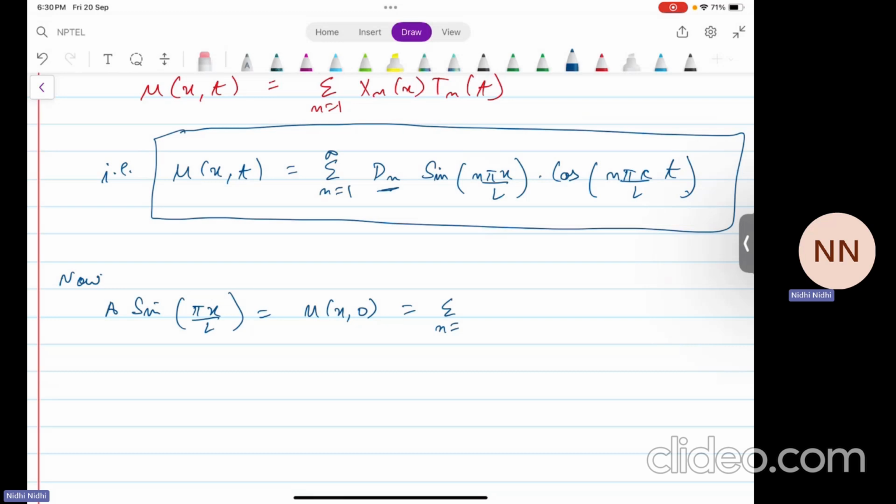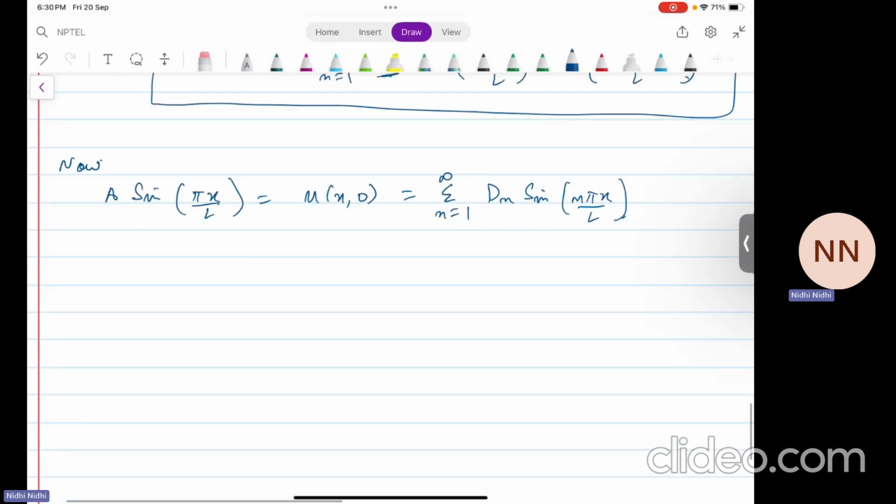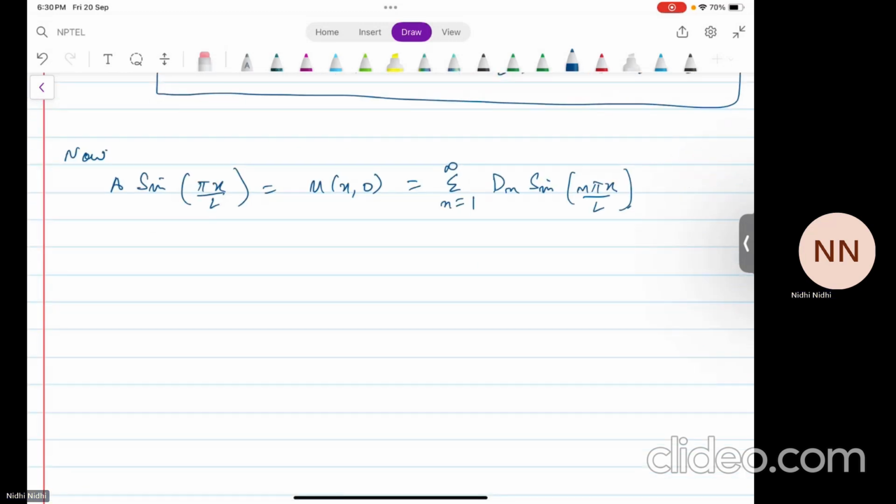Since cos 0 is 1, this is equal to summation n from 1 to infinity dn sine n pi x by L.